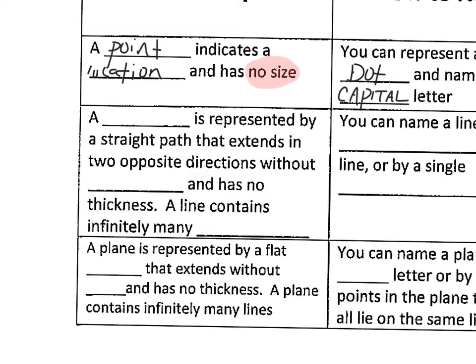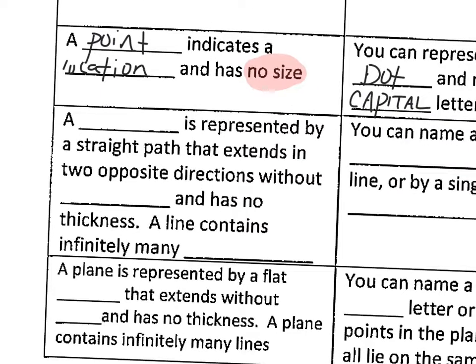All right, the next one, a line. Again, we know what a line is. A line is a straight path that extends in both directions, opposite directions. And the thing about a line, it doesn't end. It extends in two opposite directions without end. It goes on forever. And here's the weird thing: a line has no thickness.